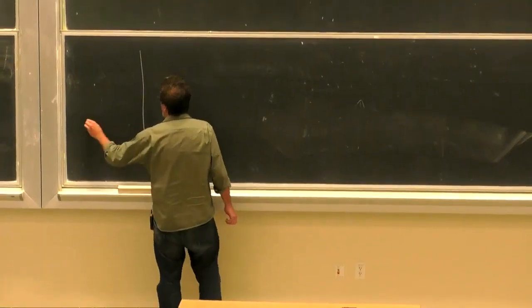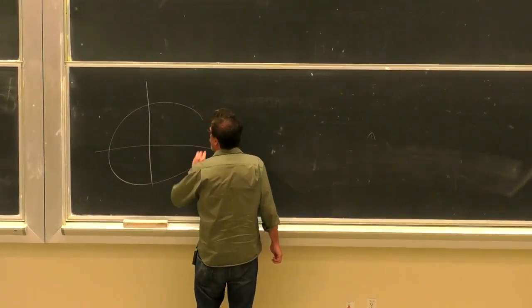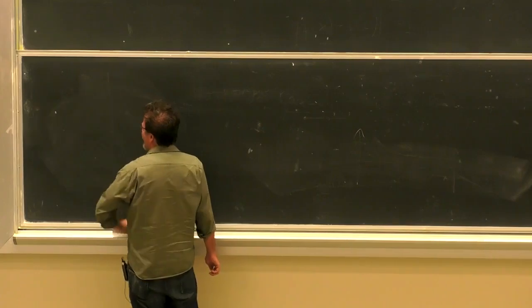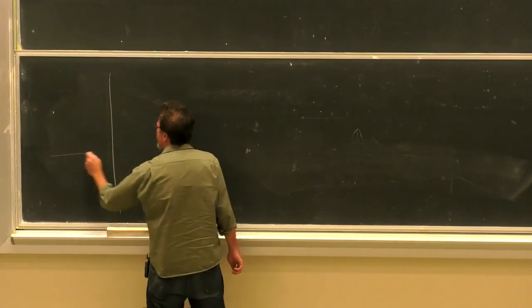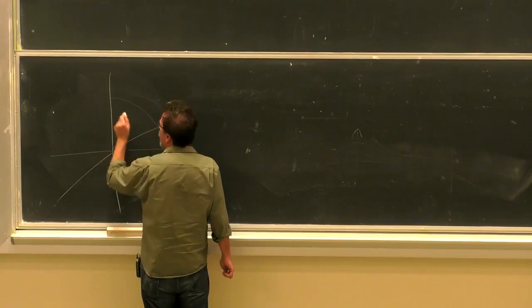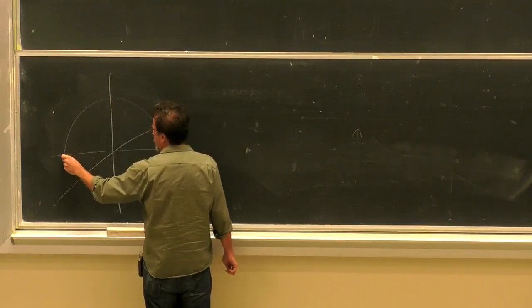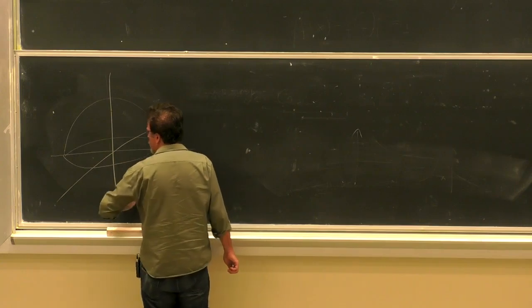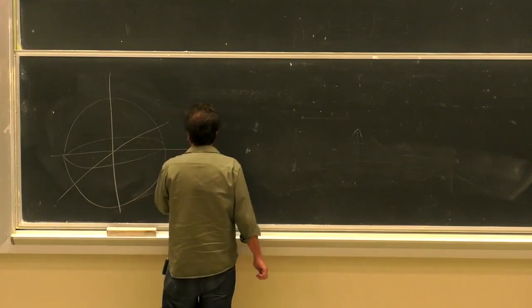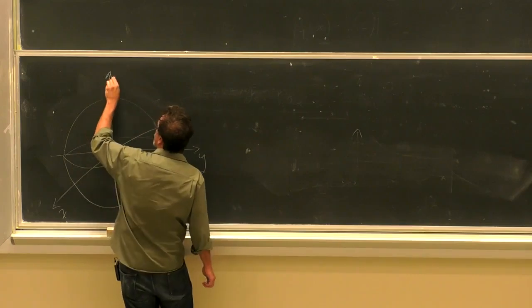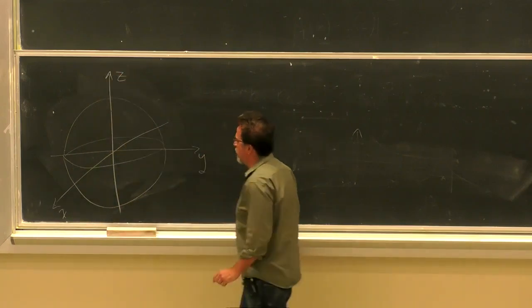So we are looking at a sphere of radius r. Apologies. And here's a sphere of radius r, or at least my attempt to depict such a thing in 2 dimensions. So that's the y-axis, the x-axis, and the z-axis.